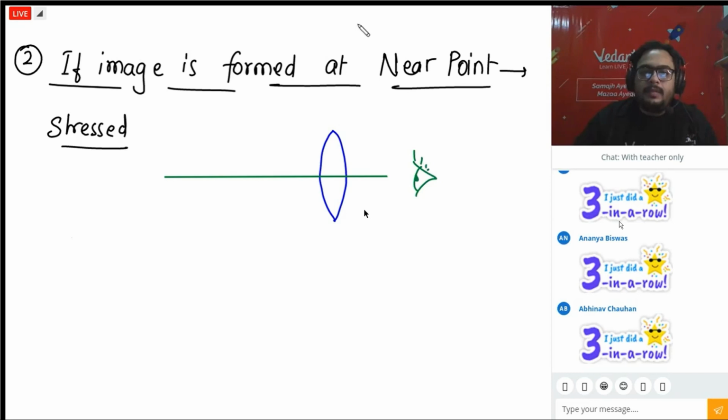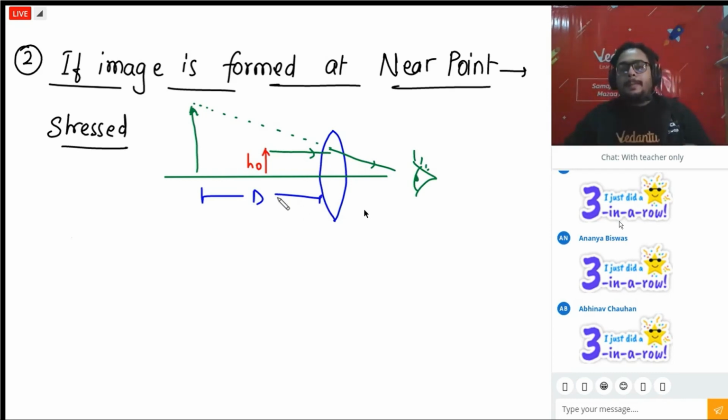Let me say this is your object. So this is height of object. Okay. Rays will come. They will get converged. And basically they are forming an image at what distance? D. Are you getting my point?